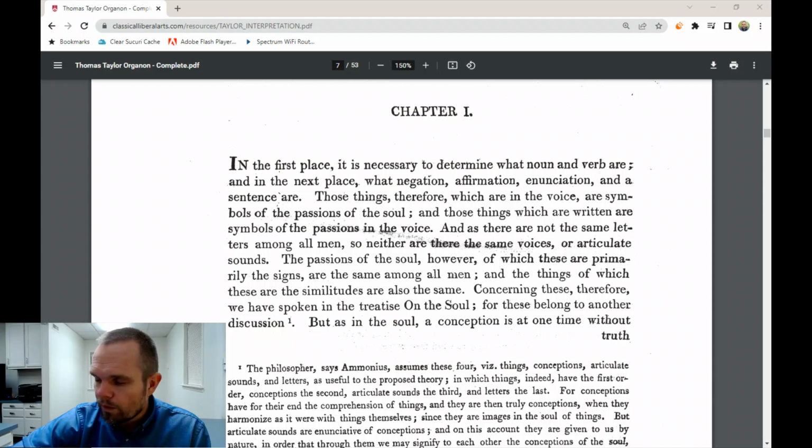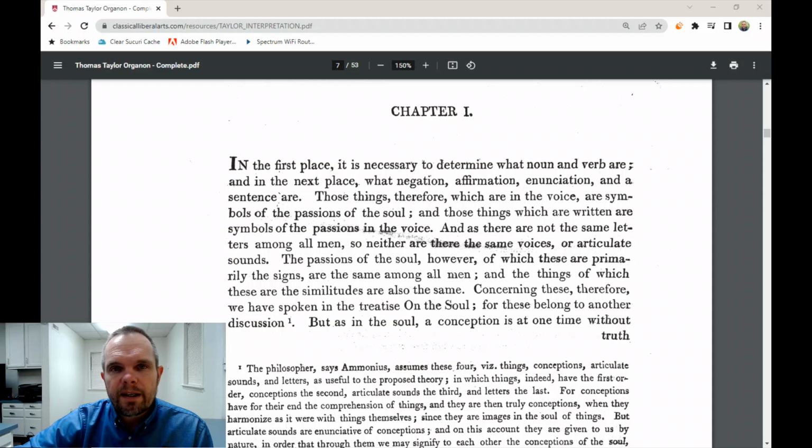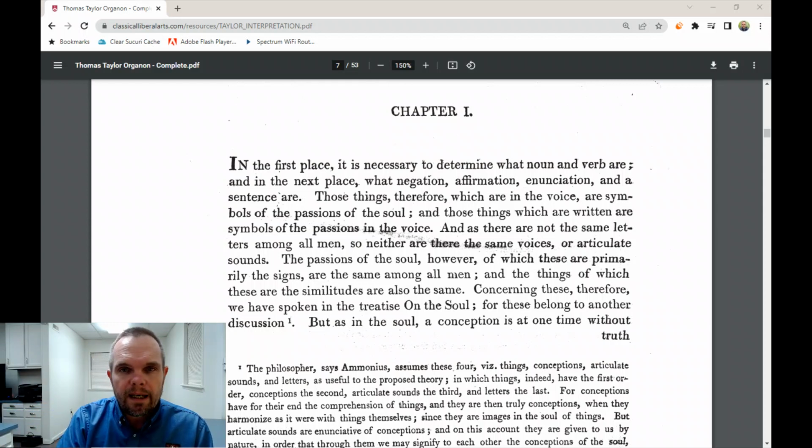Just as our writing differs from one group to another, and he's not just saying our handwriting isn't all the same, he's saying our actual symbols are different, different alphabets, different written symbols, so neither are there the same voices or articulate sounds. So not only does our writing differ from one group to another, but also the vocal sounds, the words that we use, differ from one group of people to another.